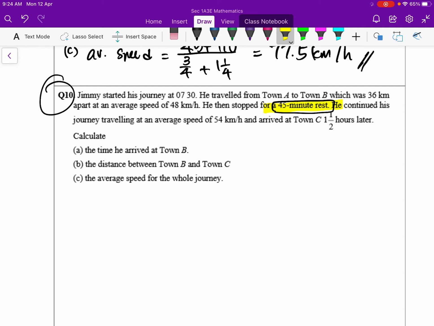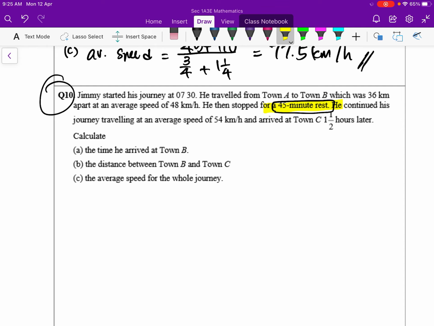Why would they be telling you about somebody resting 45 minutes? They're not moving, because they are trying to see, like the example that I gave you in class, whether you will account for this 45 minutes as part of the total time taken for average speed. That is the only reason why they will put that in.